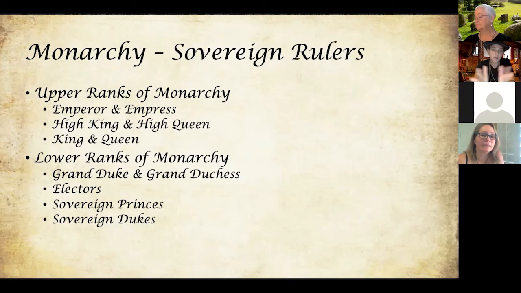And these, in Europe, in the medieval and Renaissance periods, primarily fit within the context of the Holy Roman Empire. So all four of these were normally seen as vassals of the emperor and the empress. However, they are considered monarchy as opposed to nobility because they were seen as rulers of independent states within the greater confederation that was the empire.